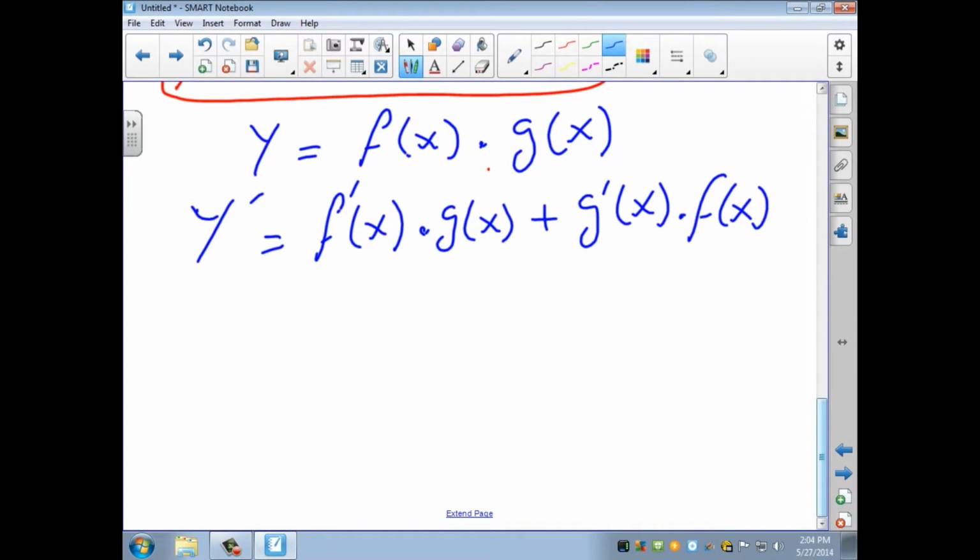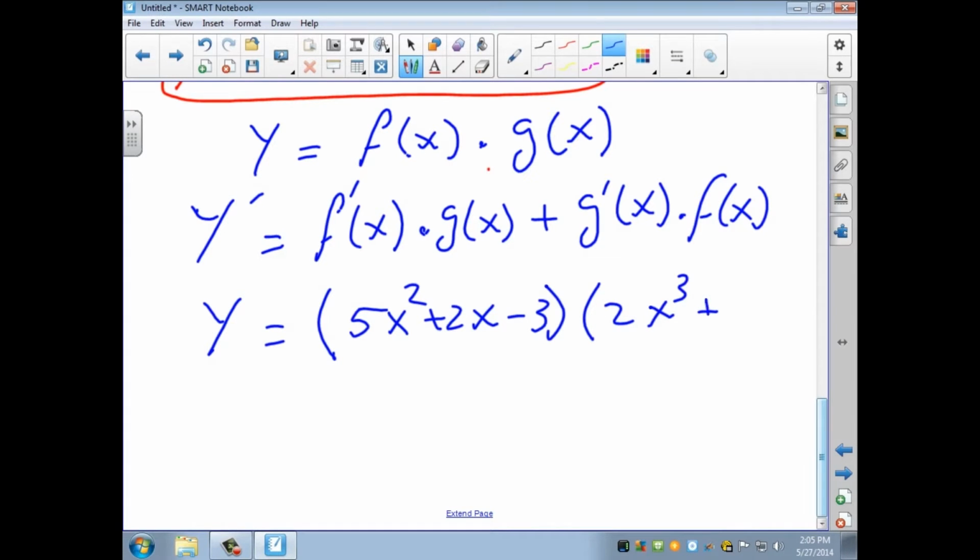So let's have an example. So y is equal to, let's say the first function is 5x squared plus 2x minus 3 multiplied by g of x, 2x to the third plus 100. Okay? So if you follow the rule, to find y prime, first it says f prime of x.